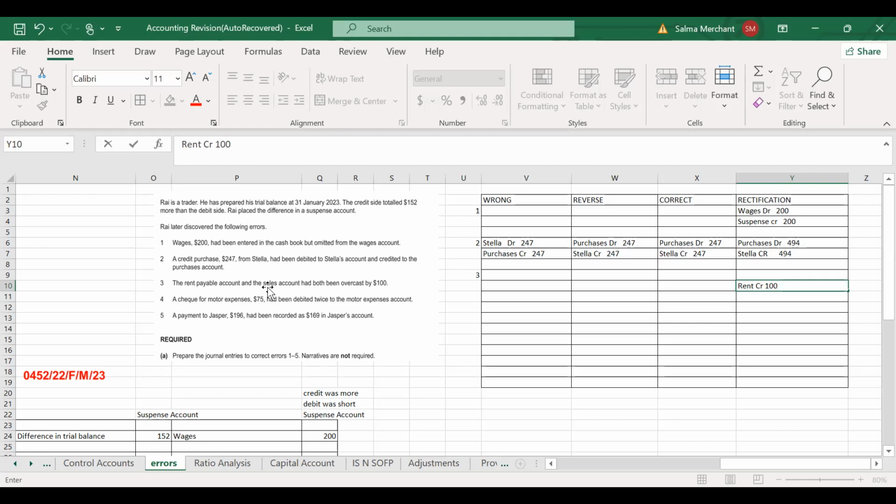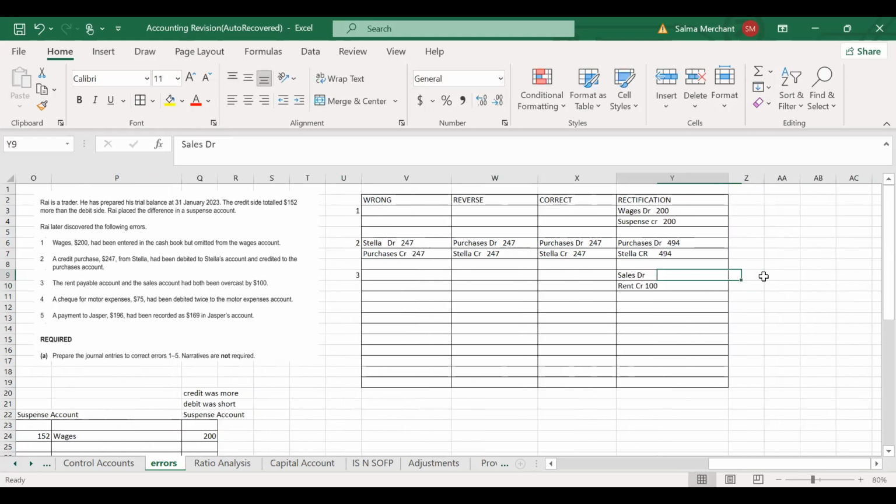We have the sales account overcast by 100. Overcast, opposite side. What is the correct side of sales? Credit, but we'll reverse it. So I will put sales debit 100.